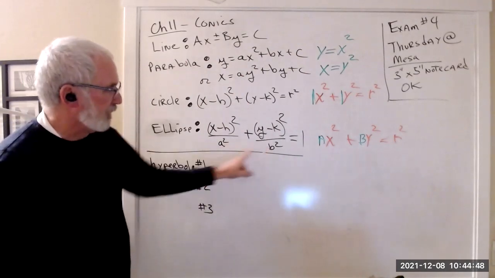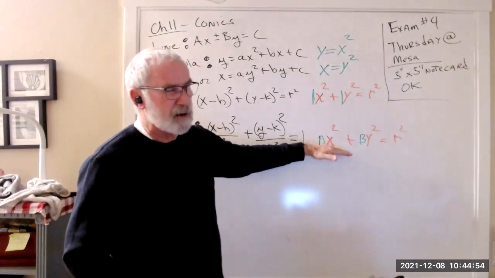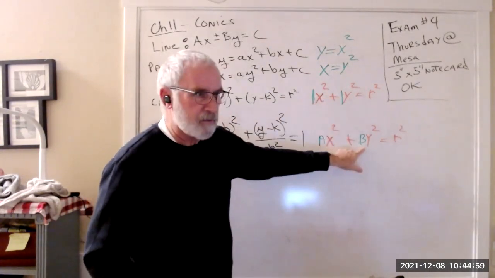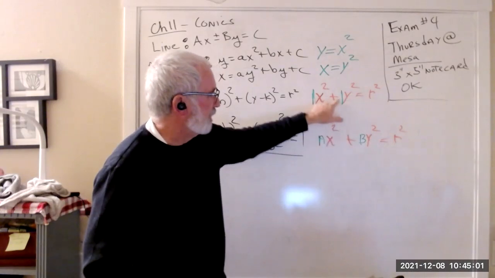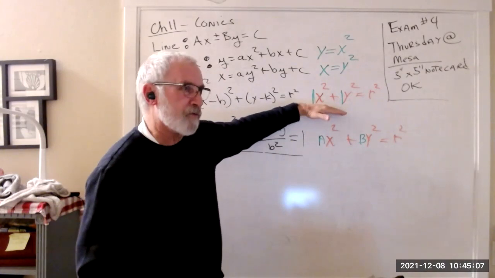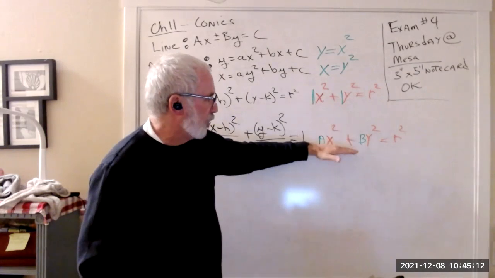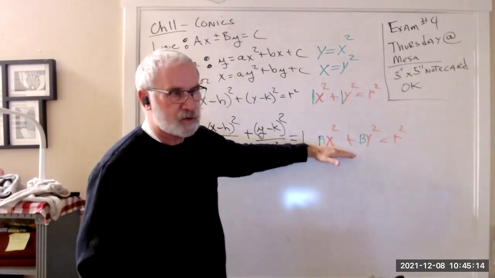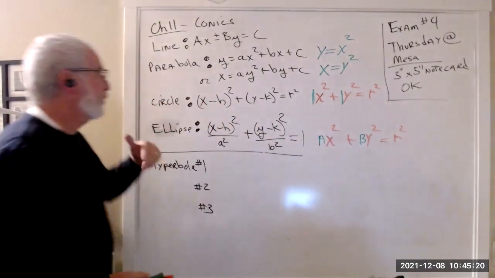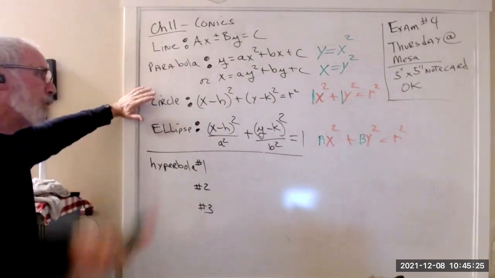So notice a circle and an ellipse are pretty much the same. They both have variables that are being squared. They both have plus signs in the middle. The only real difference is that the coefficients of the x squared and y squared are the same in a circle and different for an ellipse. So that's a basic review of what we've done so far.